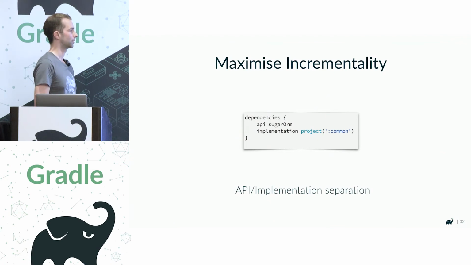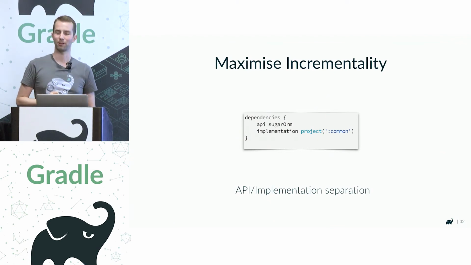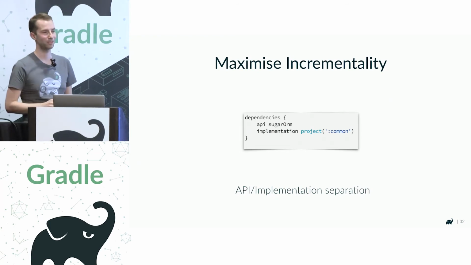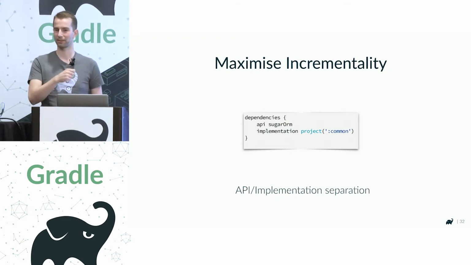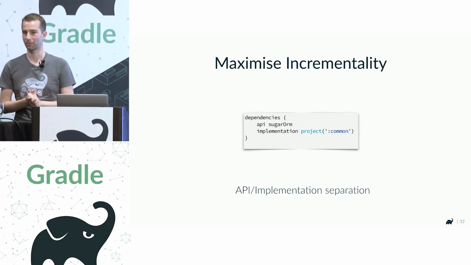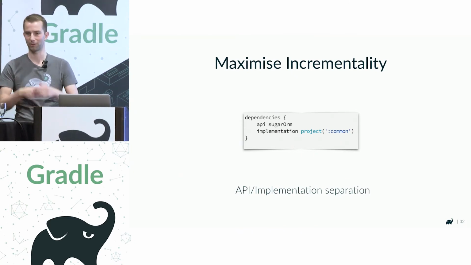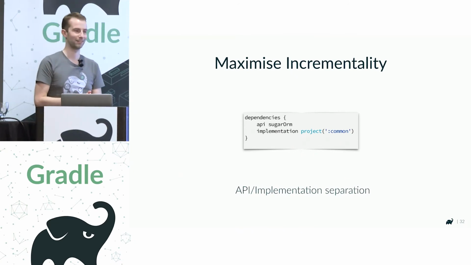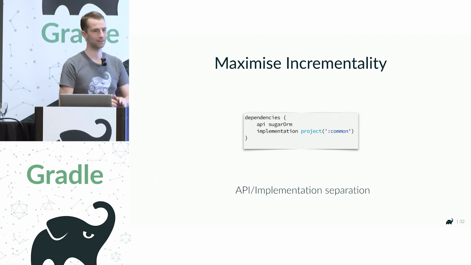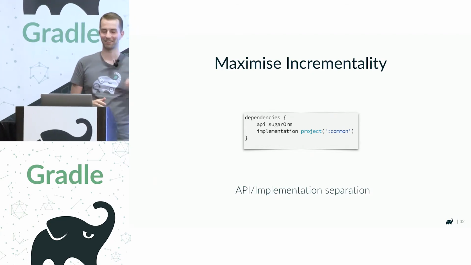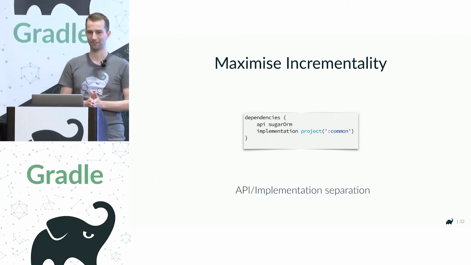There's also, and the plugin 3.0 will be very vocal about this, a new API implementation separation. So up until now, you're probably used to defining your dependencies as compile or runtime. And the Android plugin will now tell you, hey, stop doing that. Use API or implementation, please.